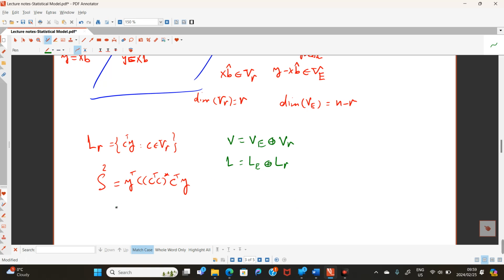So I can write this as S1 plus S2: the square length of the projection on the error space and the square length of the projection on the regression space.